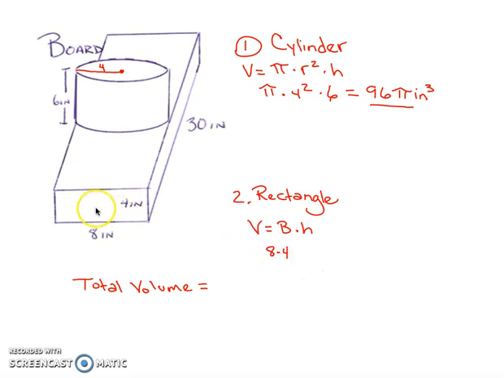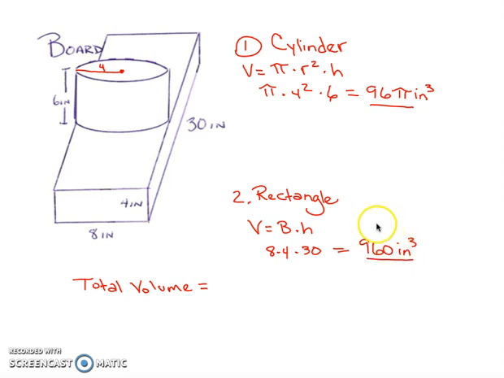And that's the area of my base. Then times the height of the whole pyramid, which in this case is 30, which gives me a total of 960 cubic inches.